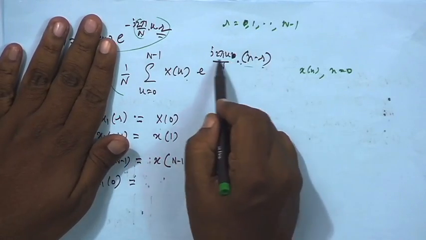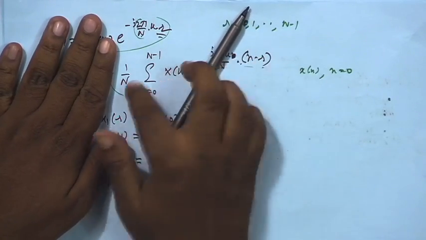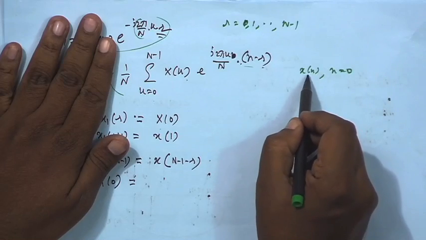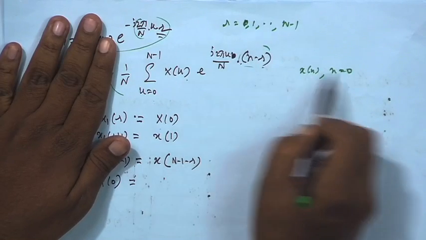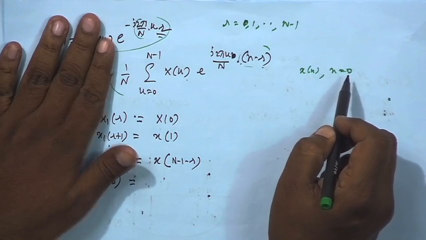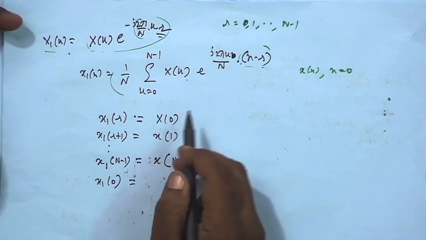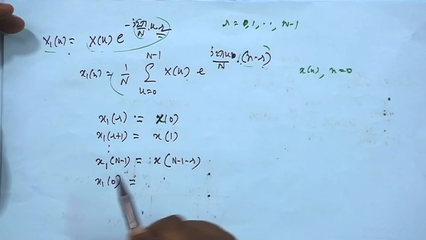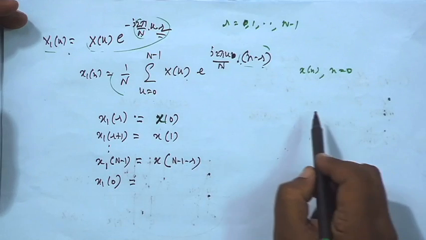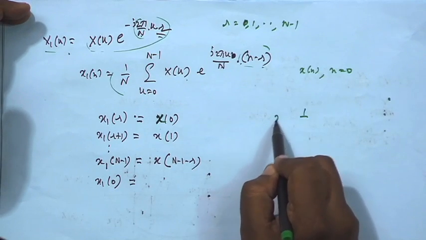If it is 0 and capital X k is the inverse DFT of x n sequence with this index being 0, right. So, you should go back to x 0. Okay, you remember what is x n?